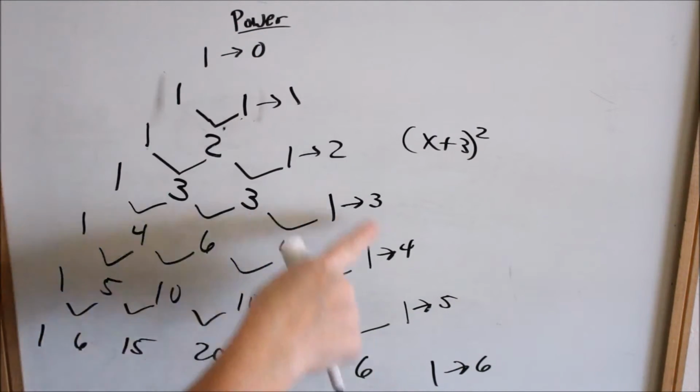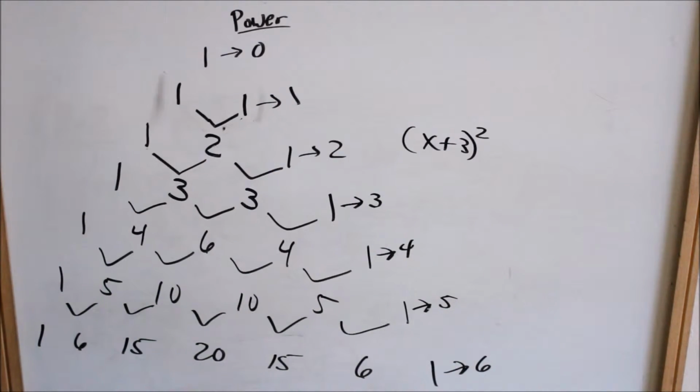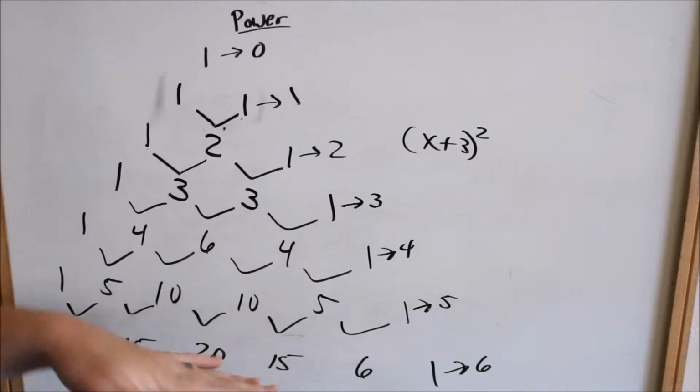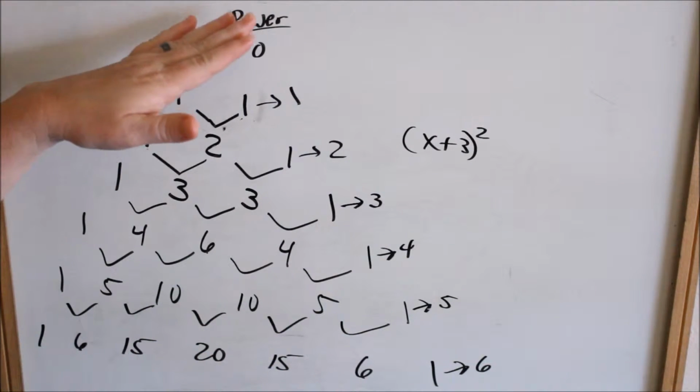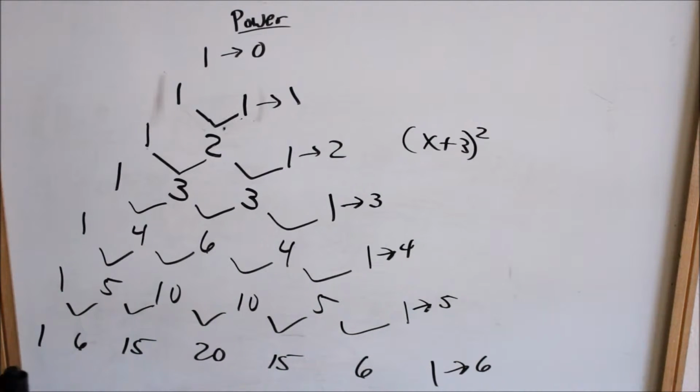So this number right here tells you what power you are raising to, which coefficients you use. I would recommend you do your triangle all the way up to a power of 10 because we will use the power of 10 in the next lesson. So I recommend you write this on your formula sheet if you're in one of my classes, and write it all the way to the power of 10.